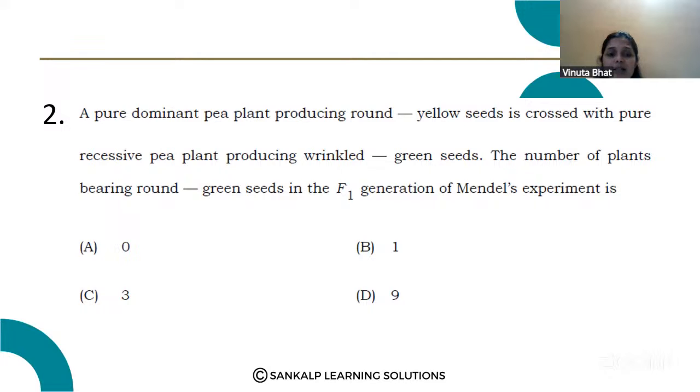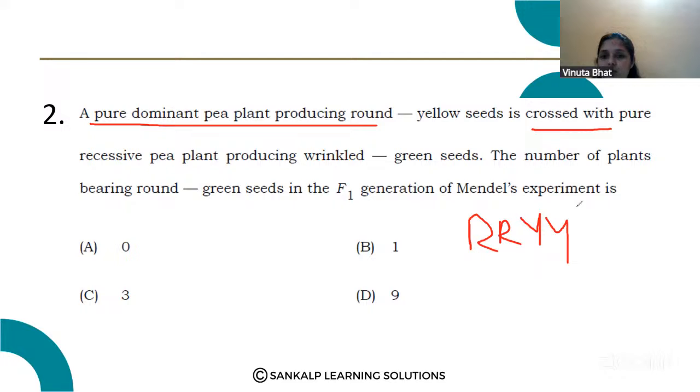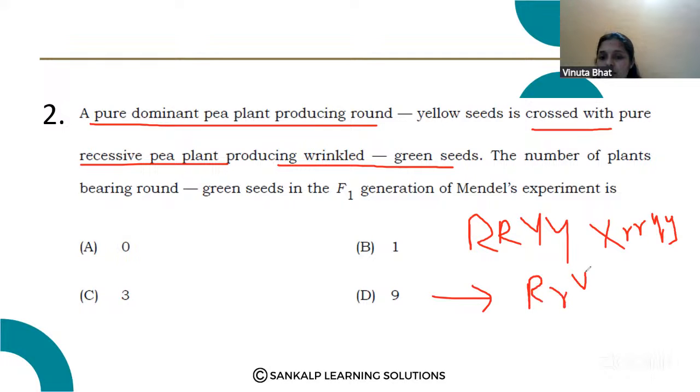The number of plants bearing round green seeds in the F1 generation of Mendel's experiment is: a pure dominant pea plant producing round yellow seeds means capital R, capital Y, crossed with a pure recessive plant, small r, small y, producing wrinkled seeds. In the F1 generation, they produce capital R, small r, capital Y, small y, round yellow seeds.